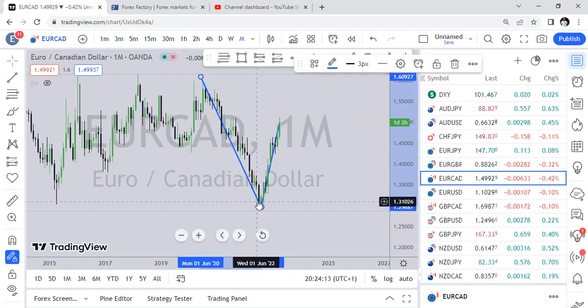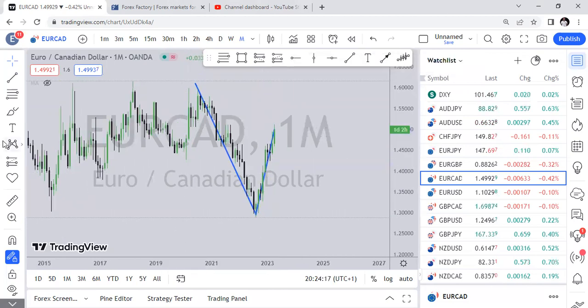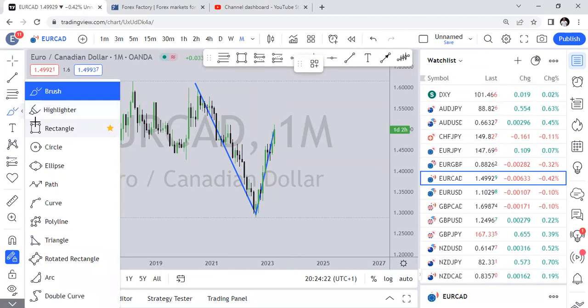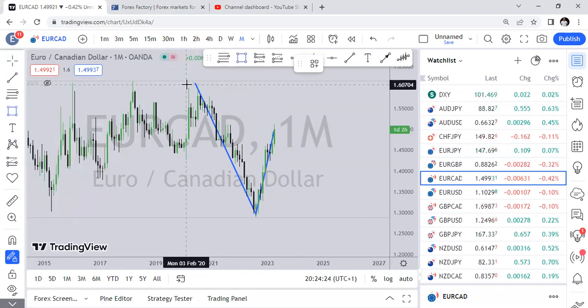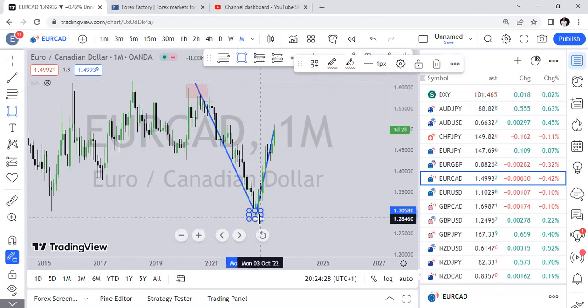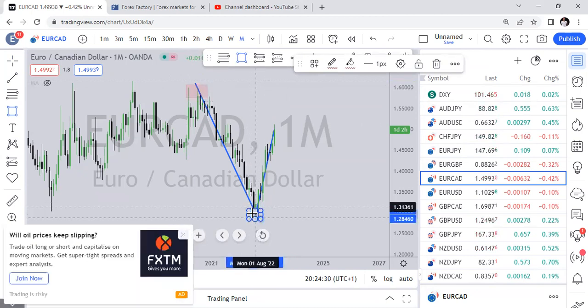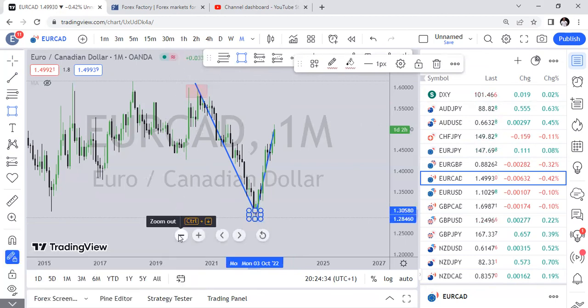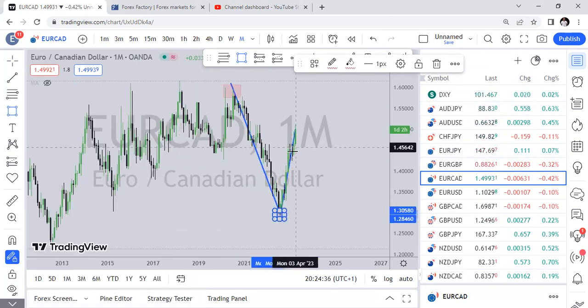So whatever is happening now, as long as we are within this range, the range formed by the high here and the low here, as long as price is still within this range, we are regarding this buy now as a pullback or a retracement.